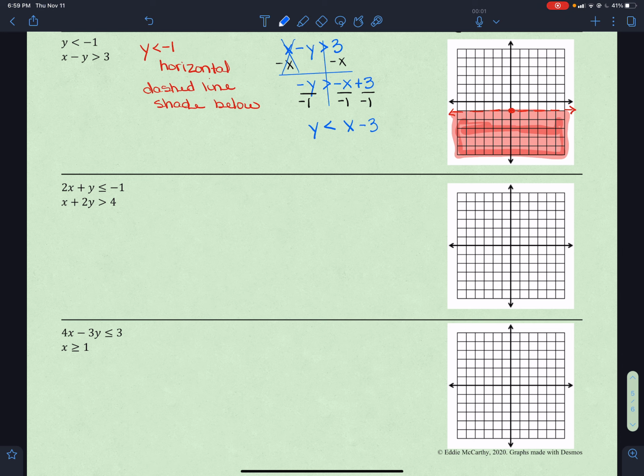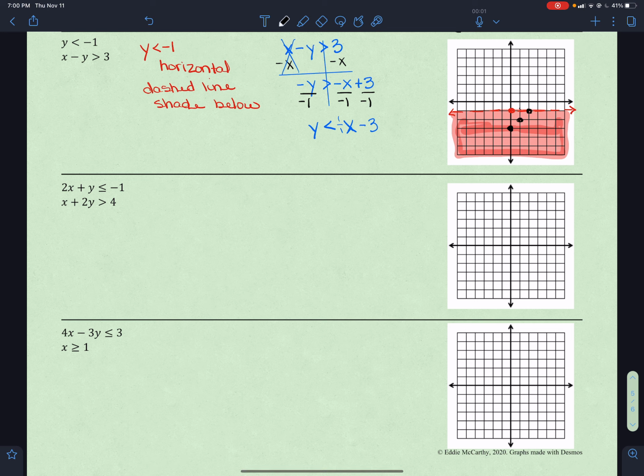So on this one here, there is a slope, even though you don't see it. It is understood to be 1. Okay. This is an x here. All right, so now on this one, we're going to start at -3. -1, 2, 3. From there, we are going to go up 1, right 1, up 1, right 1. Okay.